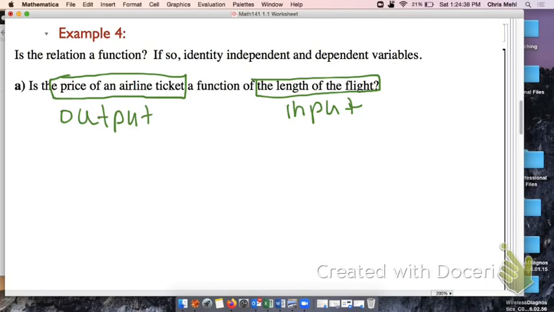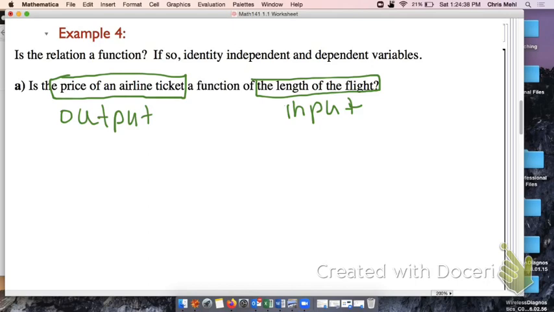You would just pick a number, like say an hour and 30 minutes. Those would be your inputs, the lengths of flights. For an hour and 30 minute flight, you're going to think about whether that single time corresponds to a single price of an airline ticket, or does the length of a flight not necessarily correspond to a single price?